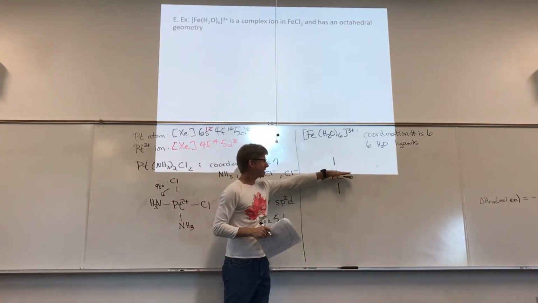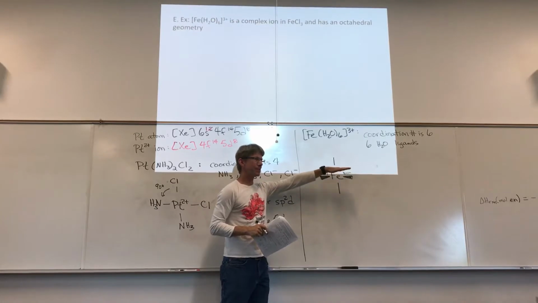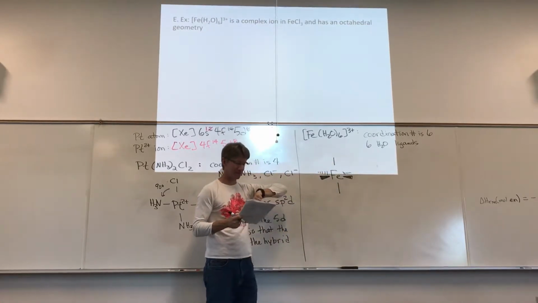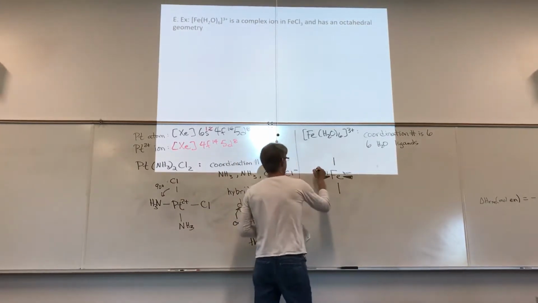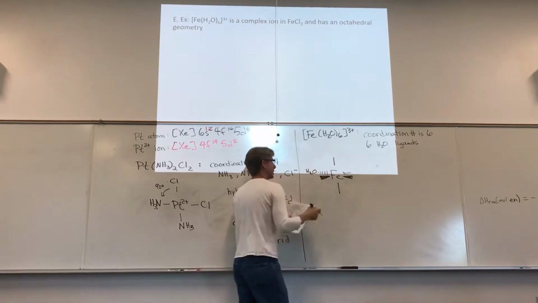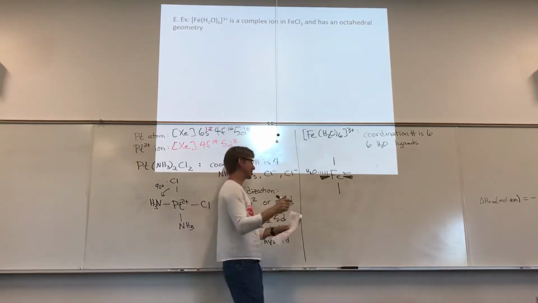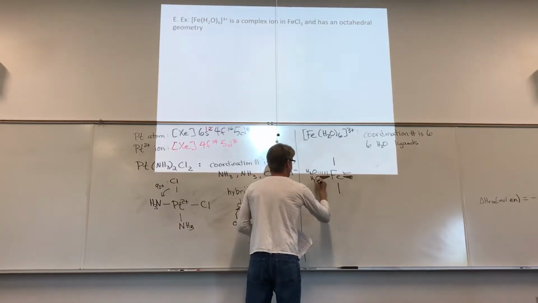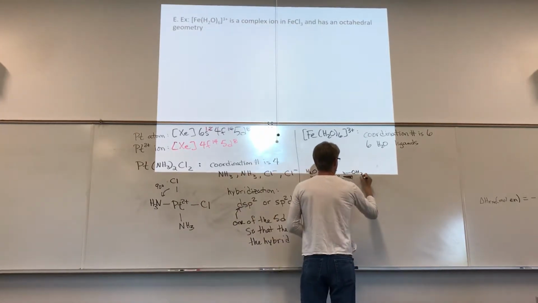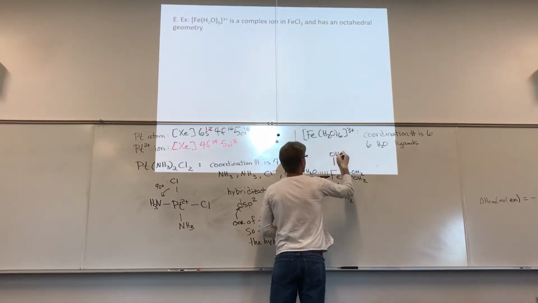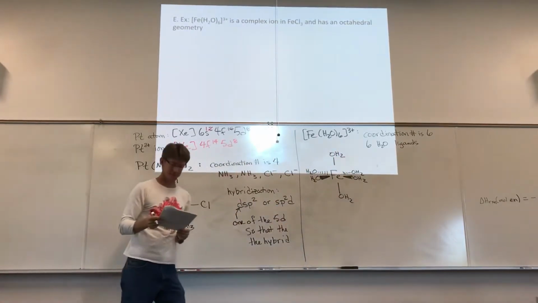And technically, these 4 are in the same plane, so that's totally flat here. One sticking straight down, one sticking straight up. It is the oxygen that is donating the pair of electrons, so we will always put the oxygen closest. Excellent.